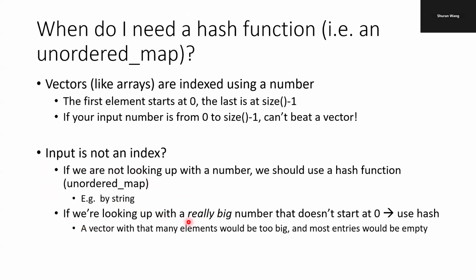If we are looking up with a very big number that doesn't start at 0 and it's not continuous, for example, if you're looking up with the OSM ID that is enormous and unique across cities, this means that for a single city, you will have a lot of empty spaces if you're using vectors, and this will be a too big and wasteful vector. In this case, use a map.